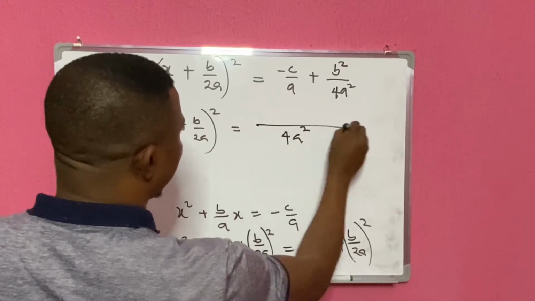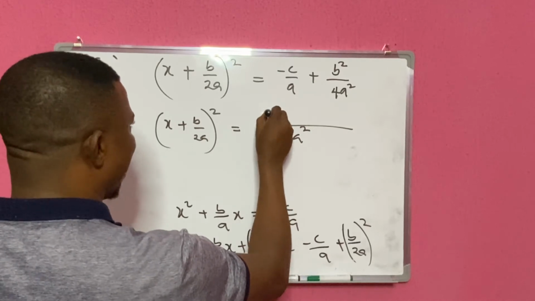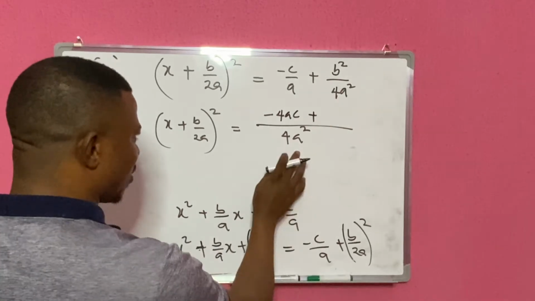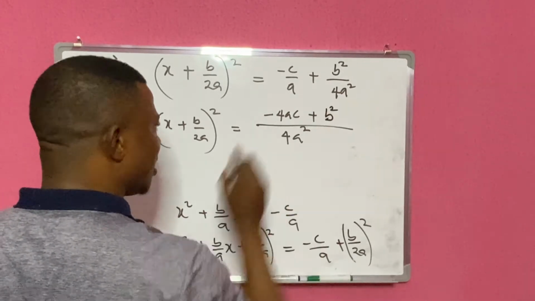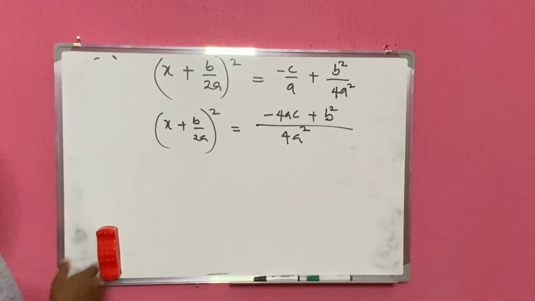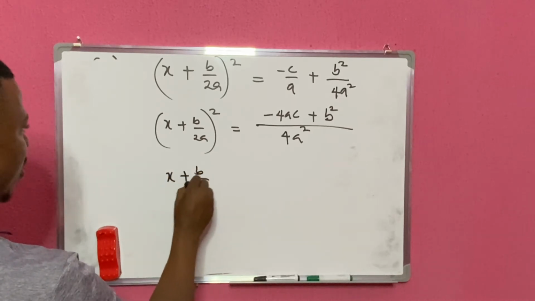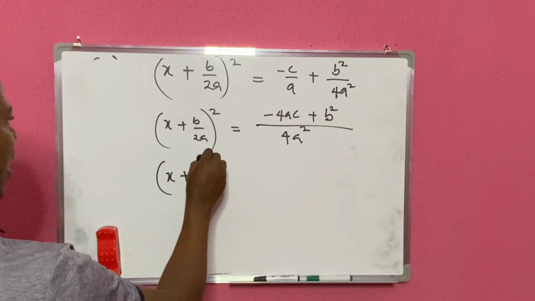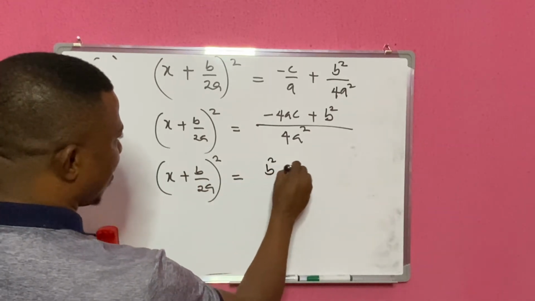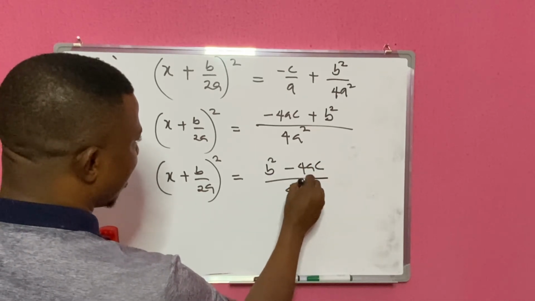4a squared. 4a squared divided by a, I have 4a. 4a times minus c, I have minus 4ac. Plus 4a squared divided by 4a squared, I have only 1 times this. Then I'll have x plus b over 2a all squared to give me b squared minus 4ac all over 4a squared.